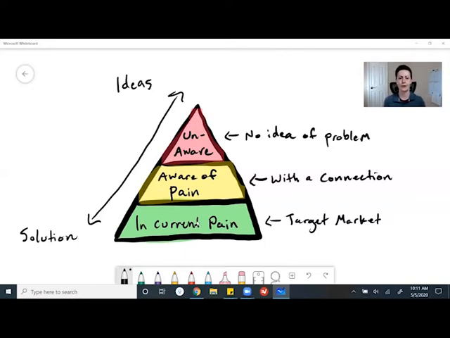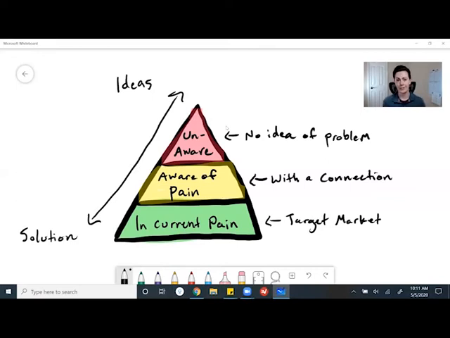Those are people up in this top unaware level. And at that point, founders have to teach people why they need the app, why they should be using the app. That becomes a really hard sell. It becomes a really hard marketing struggle because you're having to teach people why they should adopt this app that doesn't really solve anything for them.